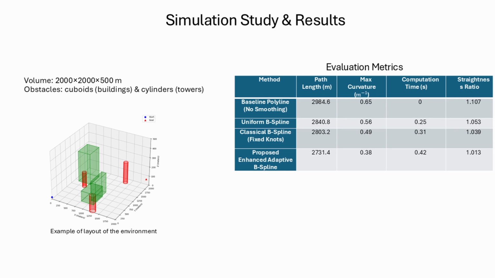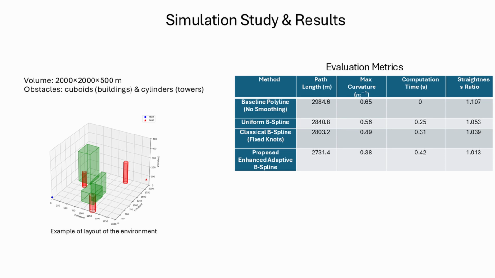We populated it with obstacles of cylinders and cuboids. They effectively model the kinds of obstacles a UAV would encounter in the real world. Cylinders represent communication towers or support pillars, while cuboids simulate buildings or large containers.